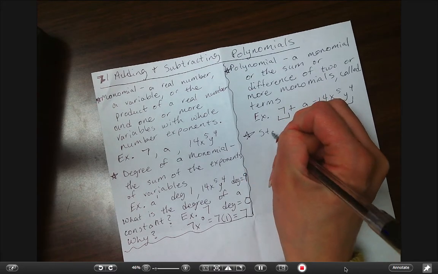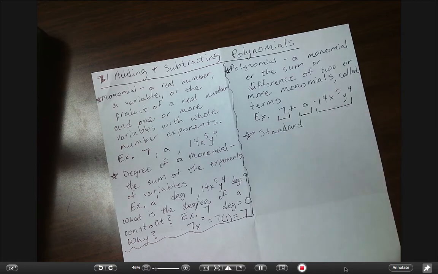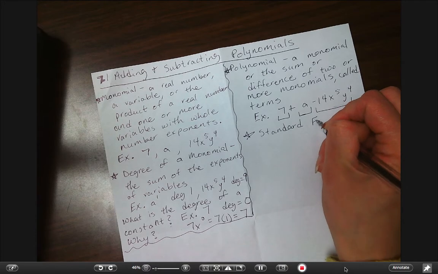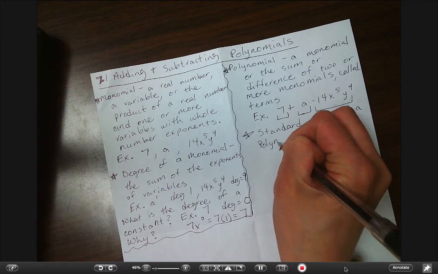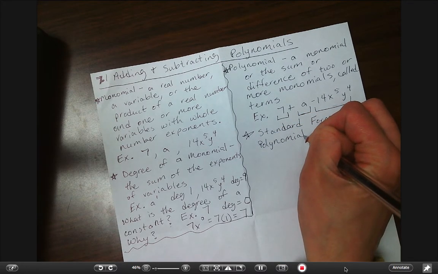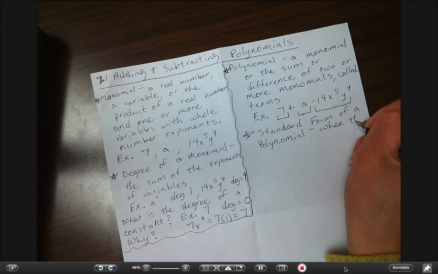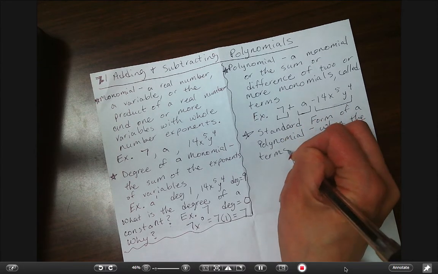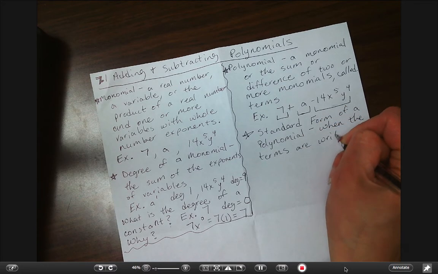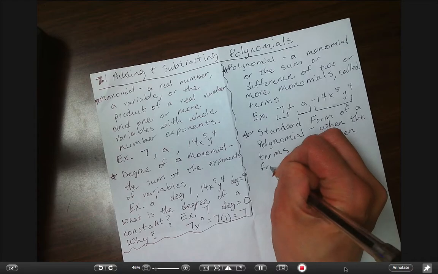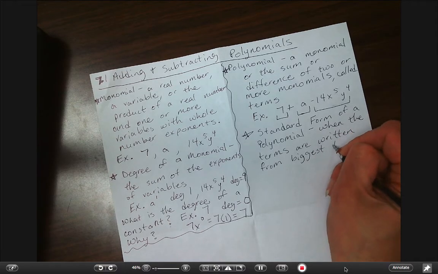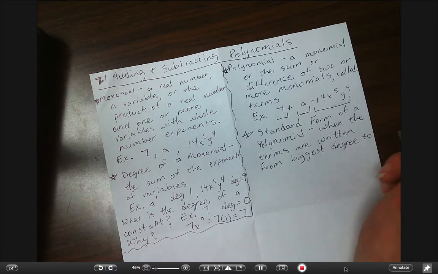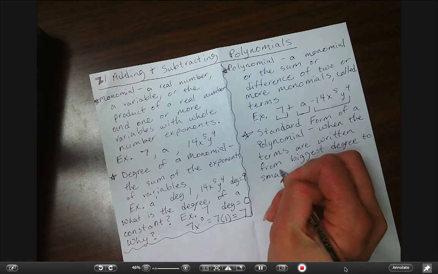Okay, the next vocab word. If I'm going too fast, you pause the video and then you write the next word. Standard form of a polynomial is when the terms are written from biggest degree to smallest.